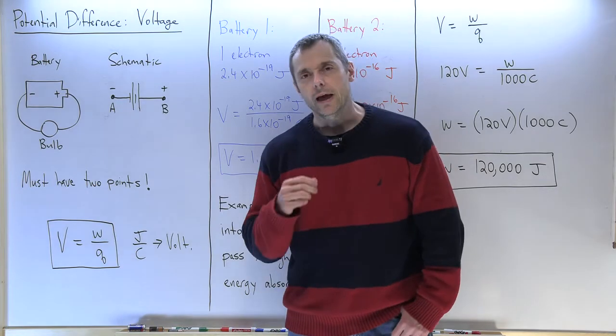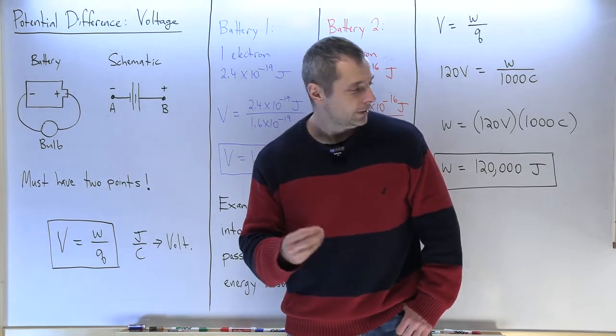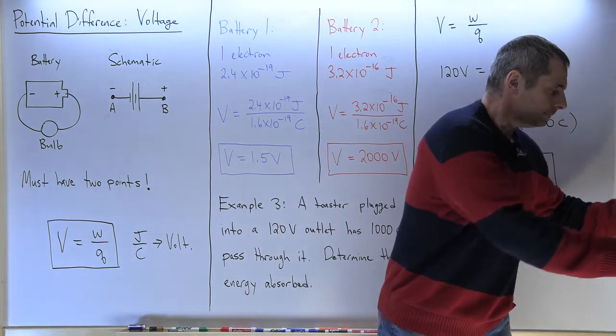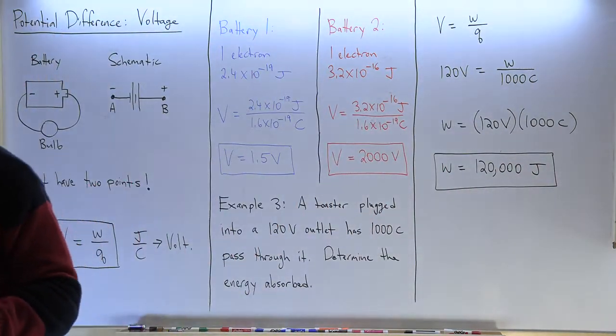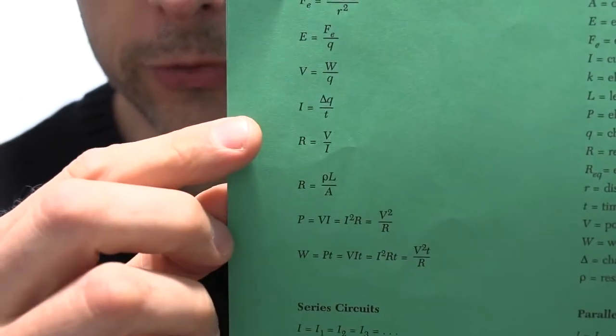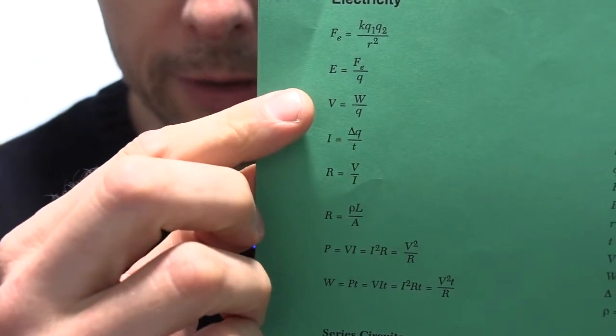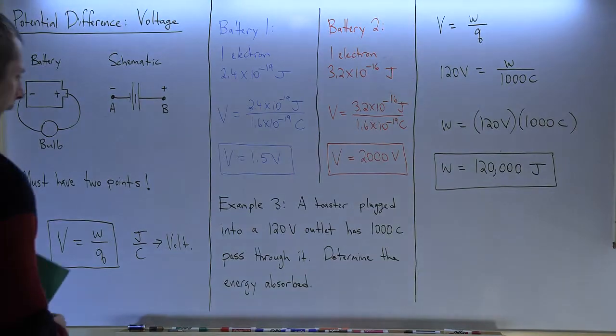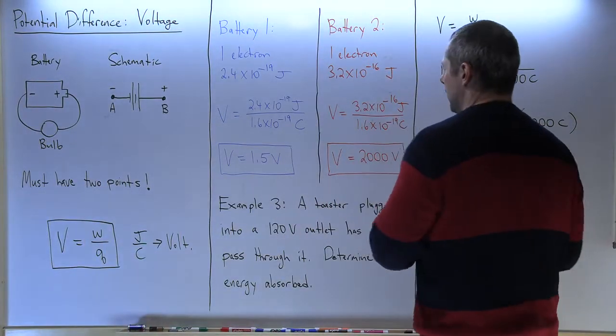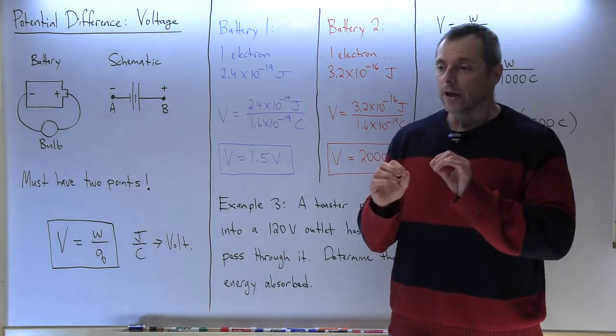In other words, that is defined as a volt. This formula is on the reference table in the electricity section. So, voltage is W over Q. I'm now going to calculate a couple of examples of voltages.